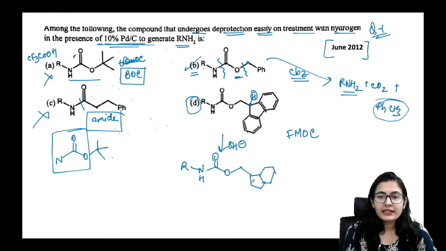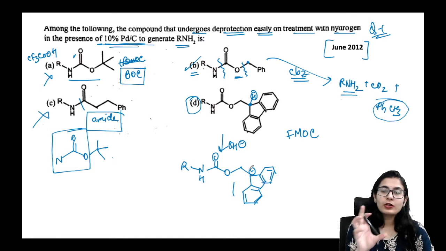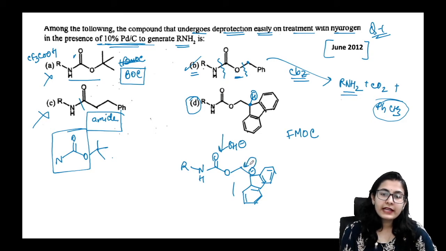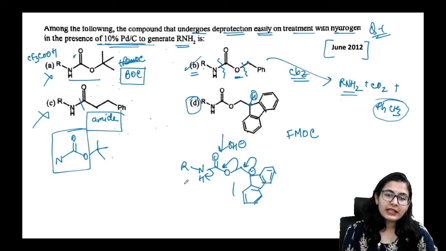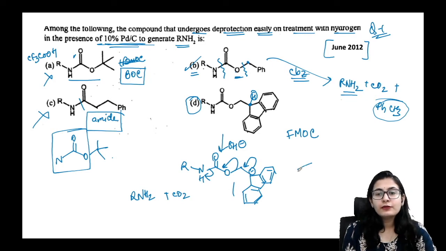The carbanion is extremely stabilized. Why? Because it has an electron withdrawing group, and that electron withdrawing group has a lot of conjugation. So because of this whole conjugation, it is a very stable carbanion which is going to fall off like this, and later on carbon dioxide eliminates, and you are going to generate the primary amine plus a carbon dioxide molecule plus a fluorene molecule. So this is what you get.